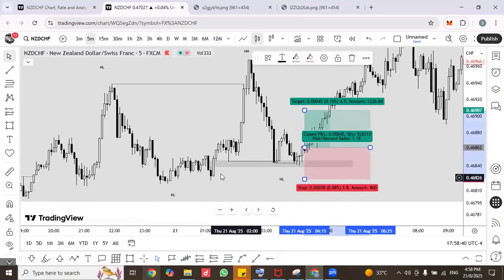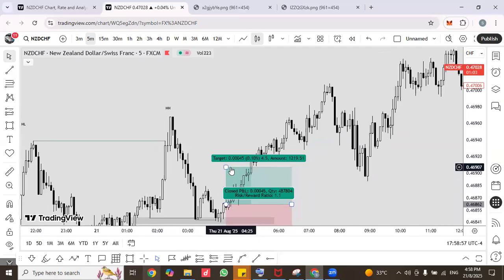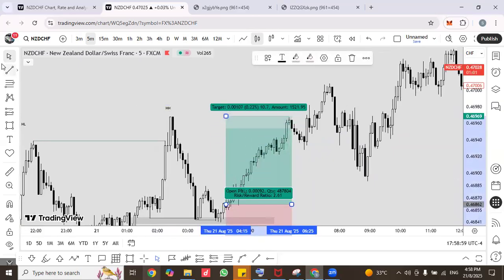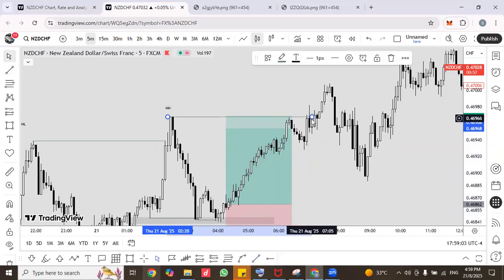Naturally, the stop loss would be below the wick or this body, or usually a few pips below the low of the candle that formed the fair value gap. So somewhere around here would suffice. First take profit would be the structure itself, the high.